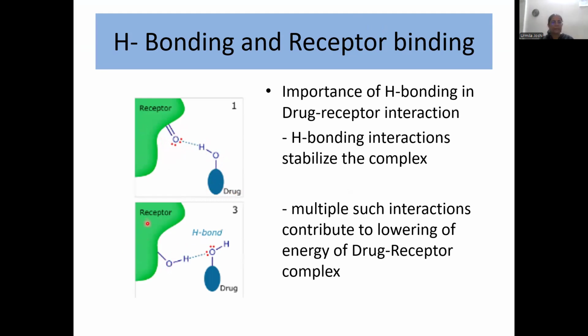In the second case, there is an OH on the receptor. Serine is an amino acid which has an additional OH group. So this OH acts as a hydrogen bond donor and binds with the hydrogen bond acceptor of the drug molecule, forming a hydrogen bond.